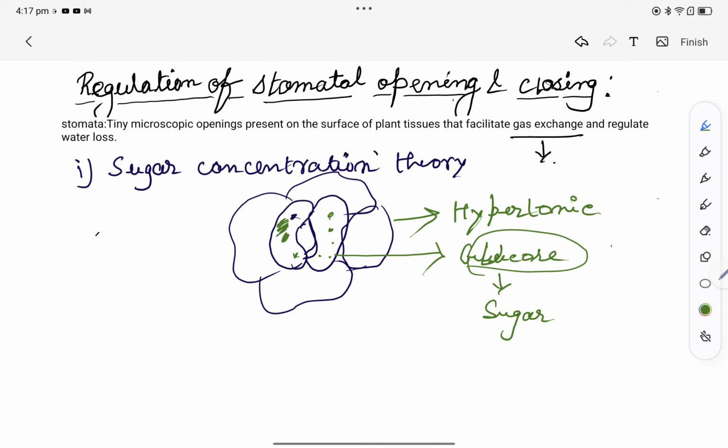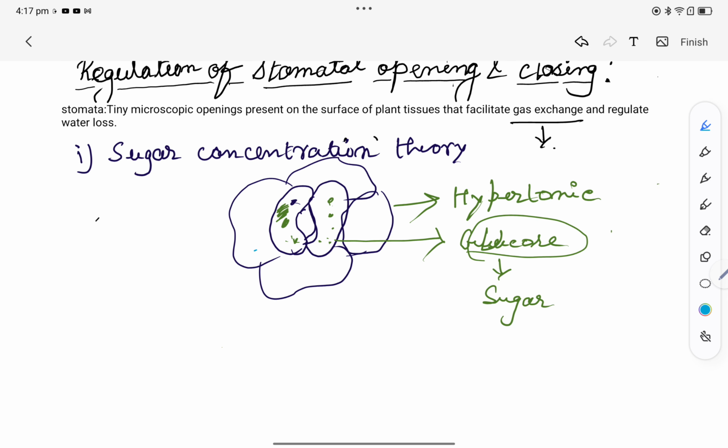And we all know, remember guard cells are kidney shaped. Now when these two kidney shaped cells become hypertonic, what will happen? Water from adjacent cells will enter here.